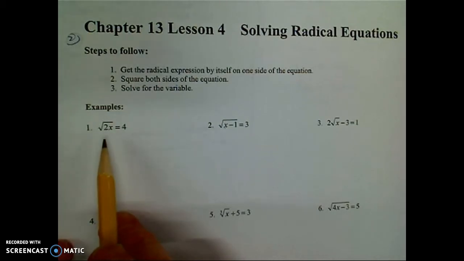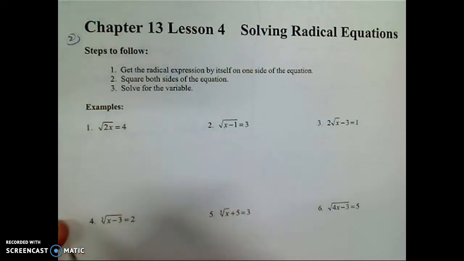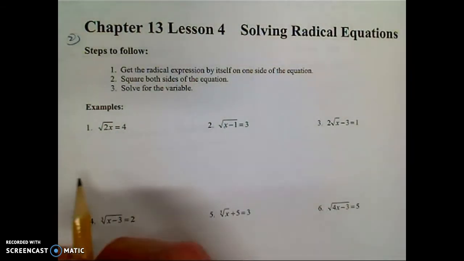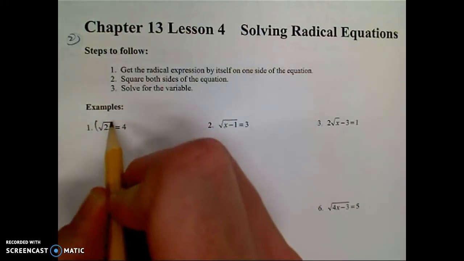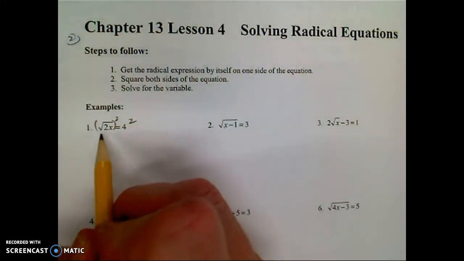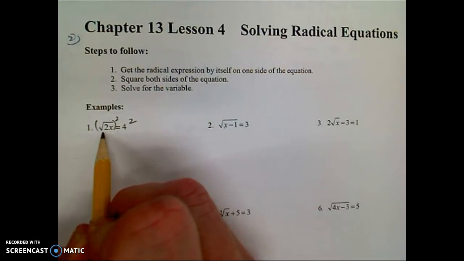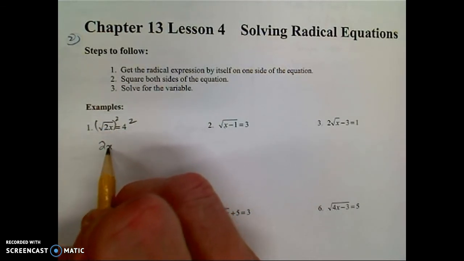So let's begin. Taking a look at a problem like number 1. I have an expression 2x inside this square root radical equal to 4. So the radical is already isolated on one side. My job now is to square both sides of this equation. When I square a square root, I'm left with just the radicand.